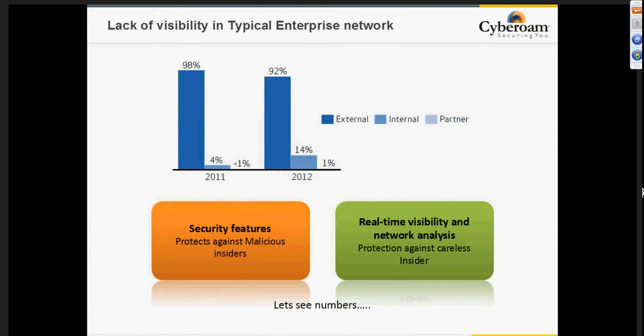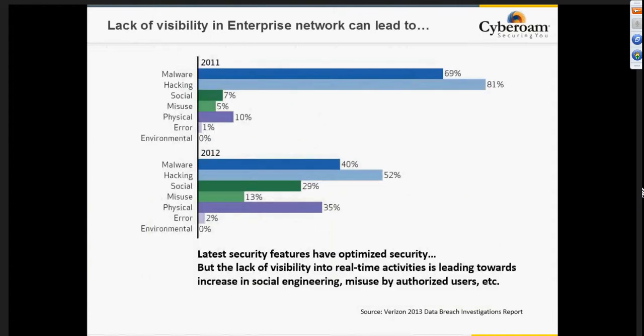So let us see on the following slide the numbers on how long administrators took to recover from such attacks. What are the different types of attacks? In 2011, as we see on the slide, there were attacks caused by malware, hacking, social media, misuse of applications, physical attacks, errors, and environmental causes.